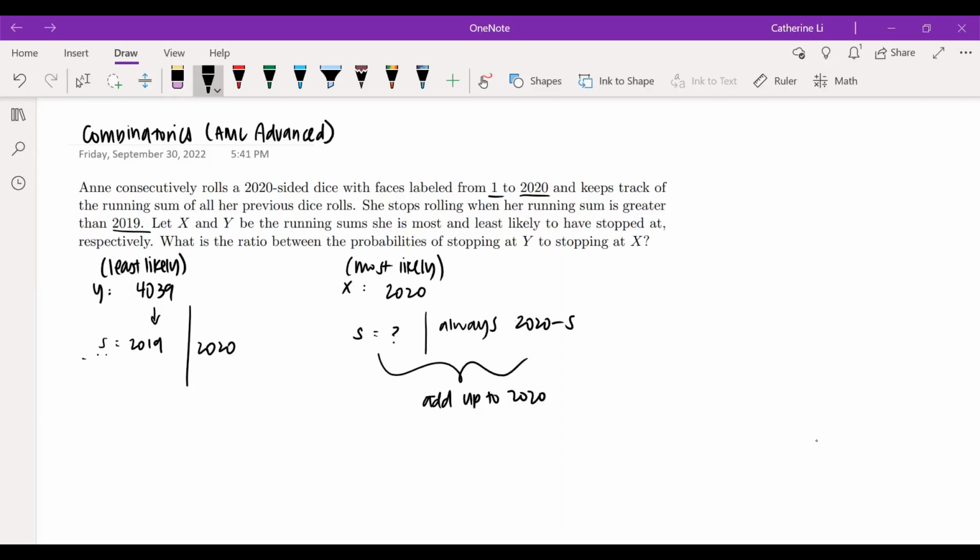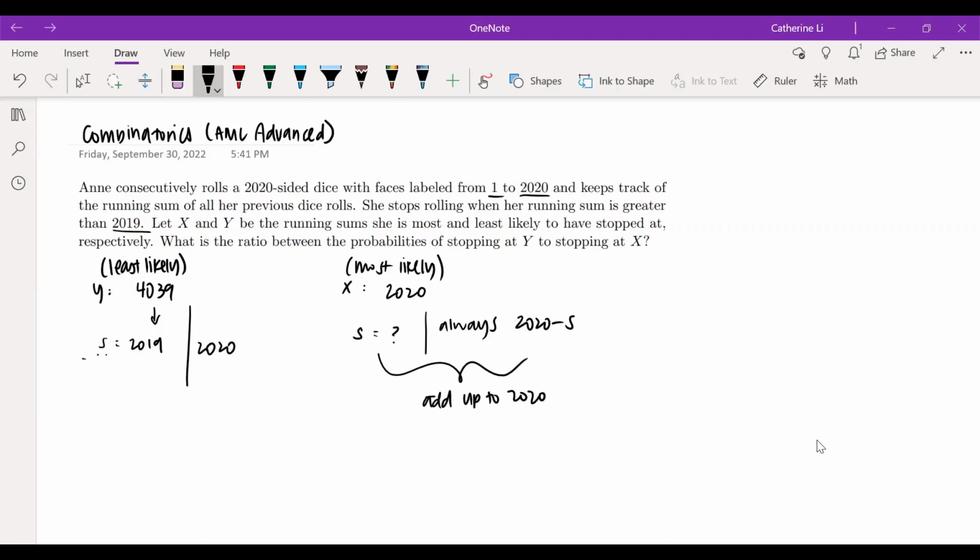Okay. So let's start with the probability of getting 2020. I'm just going to put this formula first.